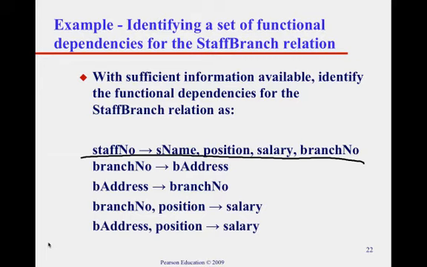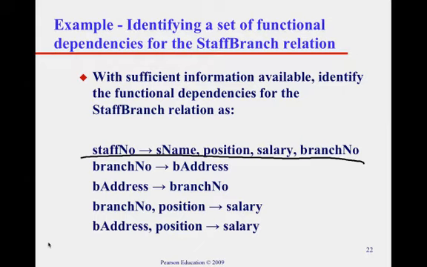There's a missing attribute. We'd like to say that staff number is a primary key, but that doesn't give it to us. Why not? You're missing branch address.